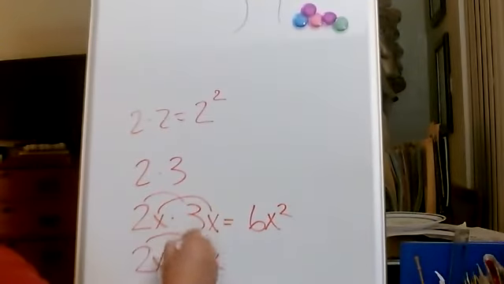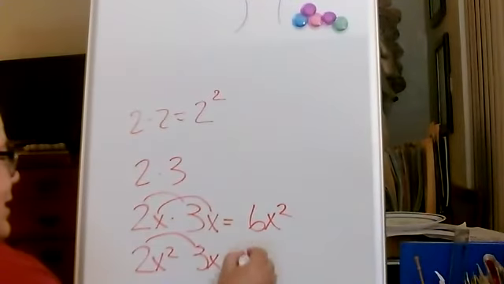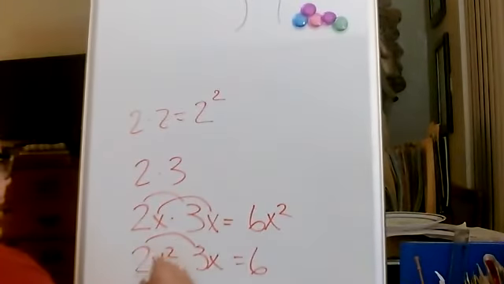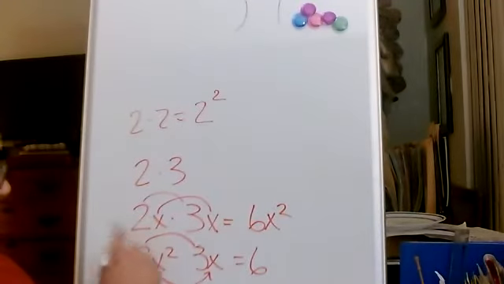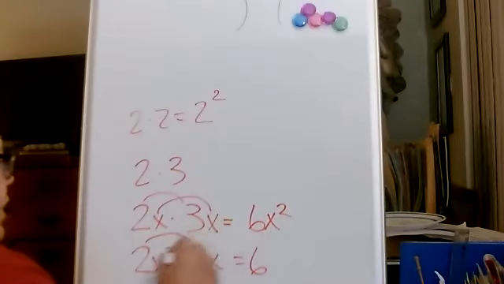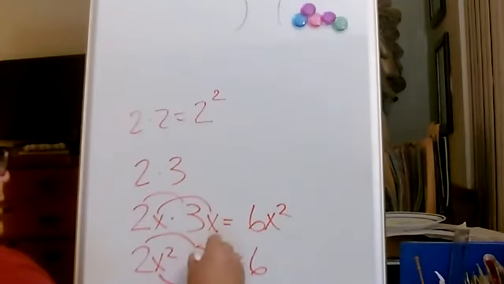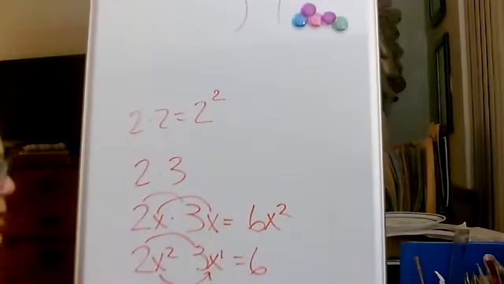We have our 2 times our 3 is 6, and then our x squared times x, we just add our exponents together, not the variables. When you have an x by itself, 1 is implied, just like everything else.